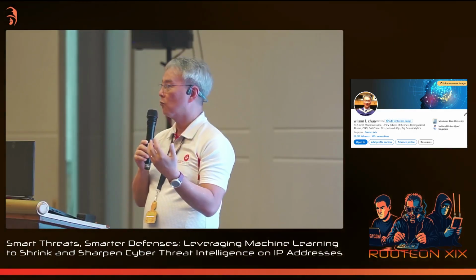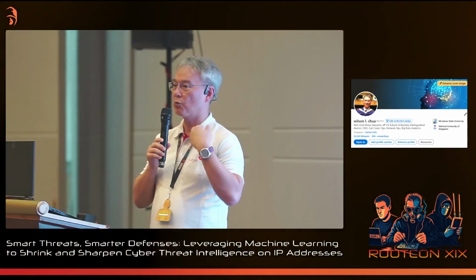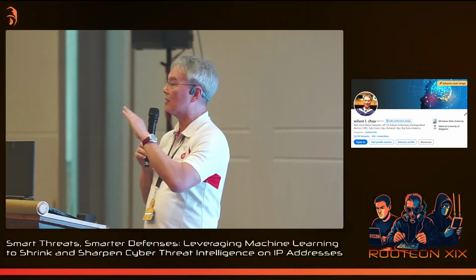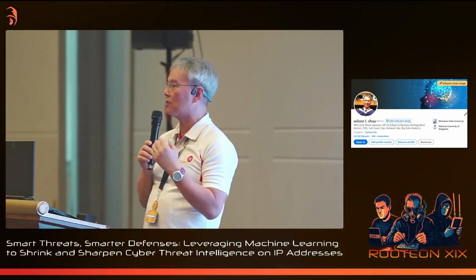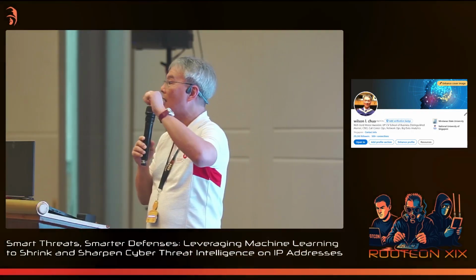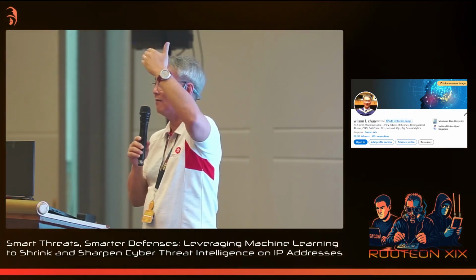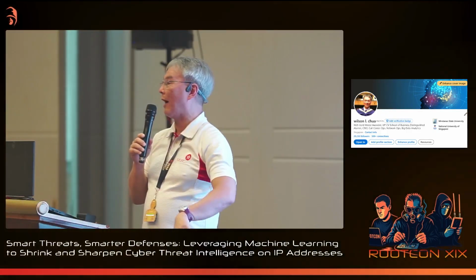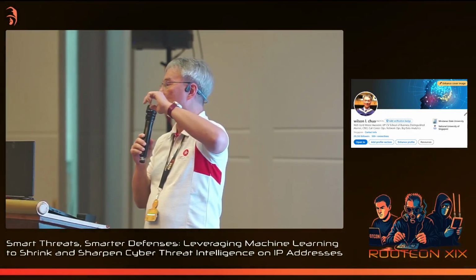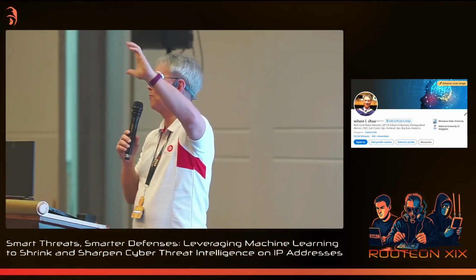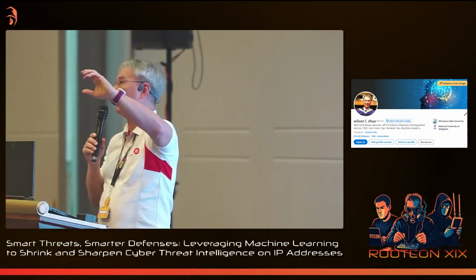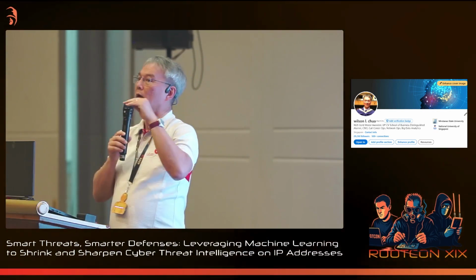The default would be every 7 days. As we update, if your IP is not attacking anymore, we don't see any activity, the algorithm will automatically downgrade that IP, and so it will not get to be in the top 80K of the IPs.